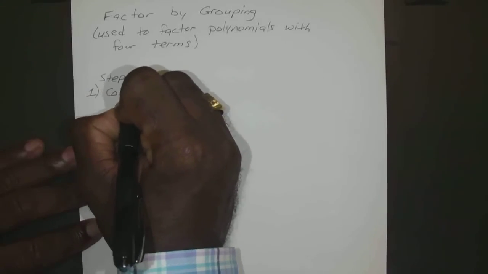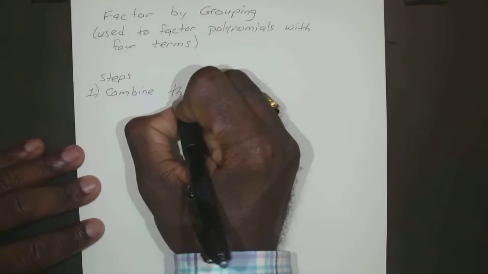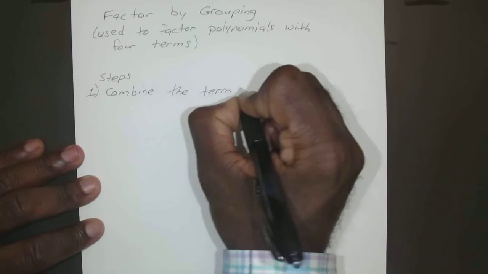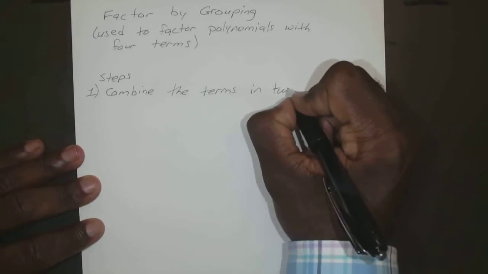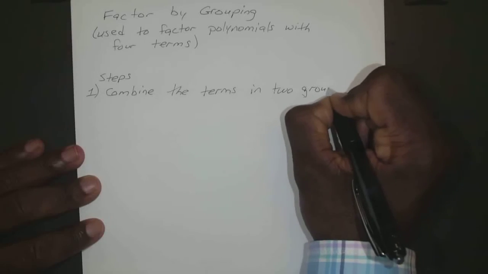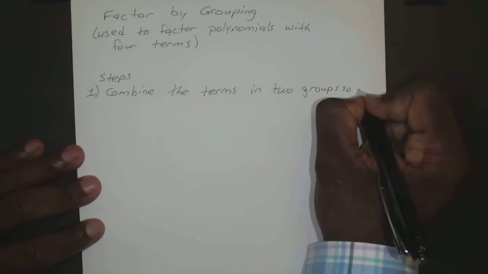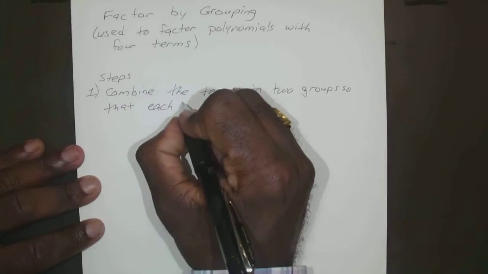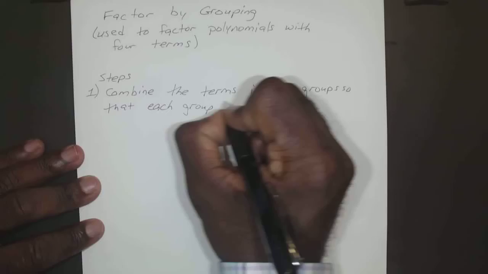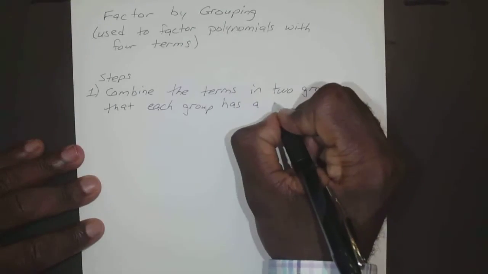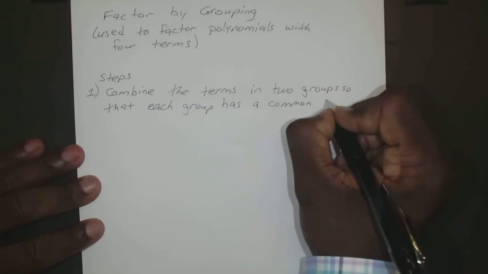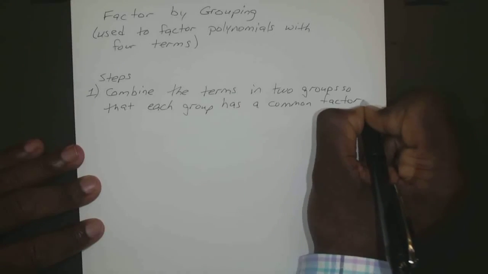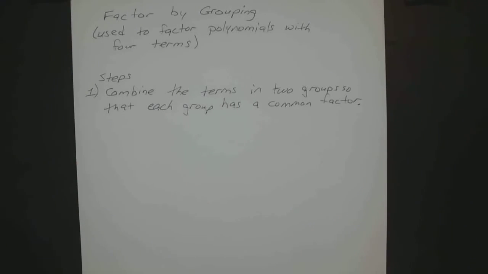Okay, so the first thing you want to do is combine the terms in two groups so that each group has a common factor. Okay.